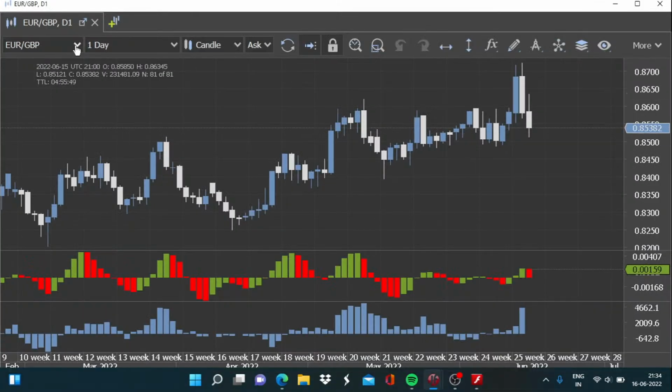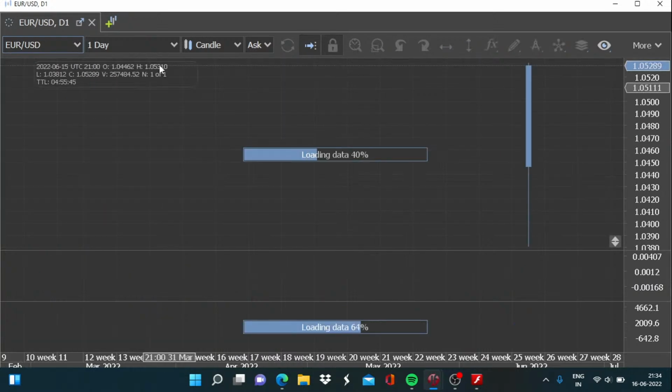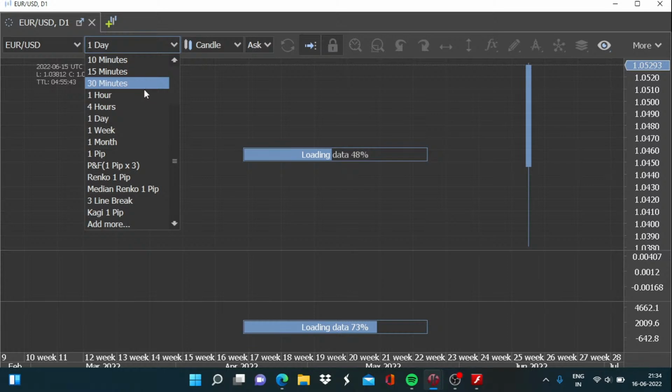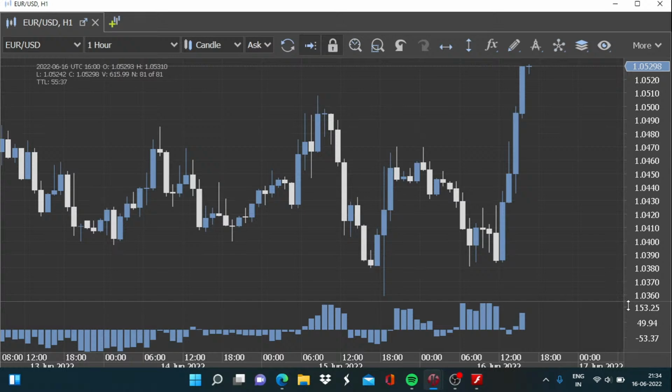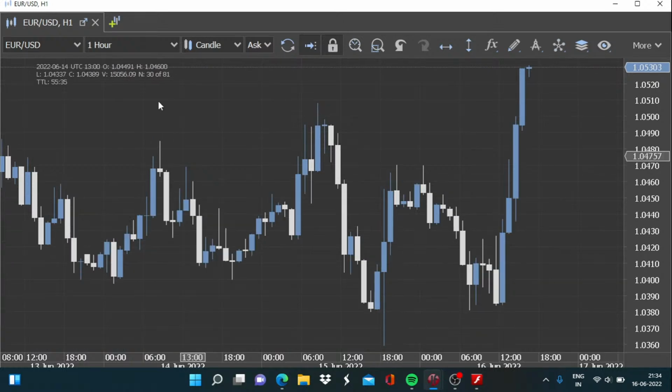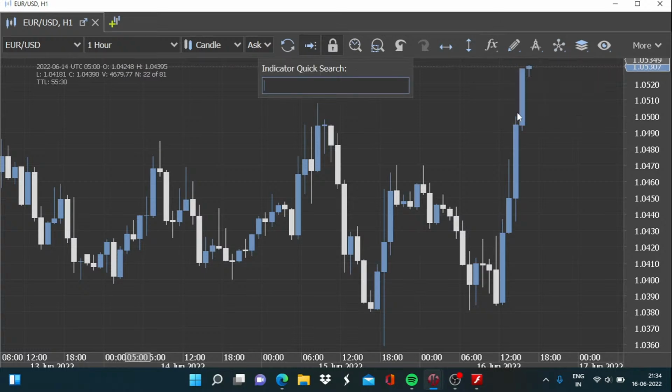This is the Euro GBP chart, which I will change to Euro USD with the candle period of hourly. These are the indicators which we had used in the last session. I will change it and add the instrument on which we are working, the SMA.